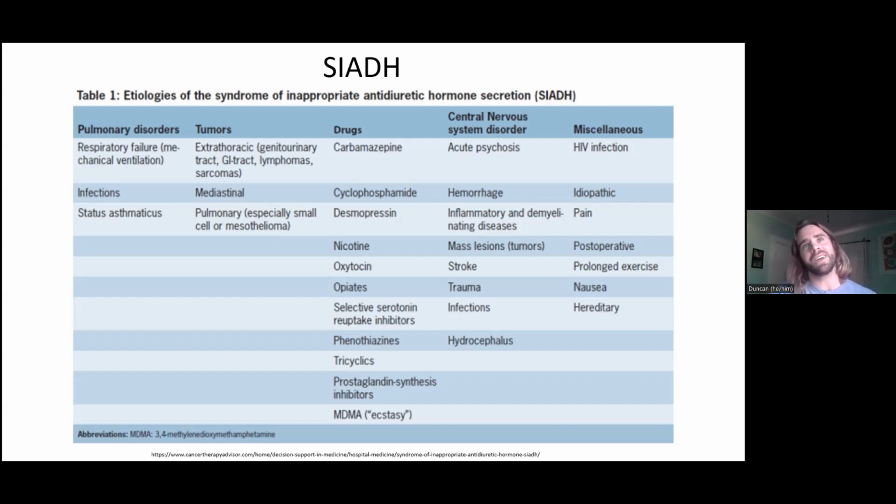And really, anything within the GI tract. Nausea can be a really prominent stimulus for ADH, and even things like pain in the post-operative period can be significant stimuli for ADH secretion, which leads to hyponatremia. If you go through this list, you can make a case that just about any patient you've admitted to the hospital has a reason for potentially secreting an inappropriate amount of ADH, which is why this is so tricky.